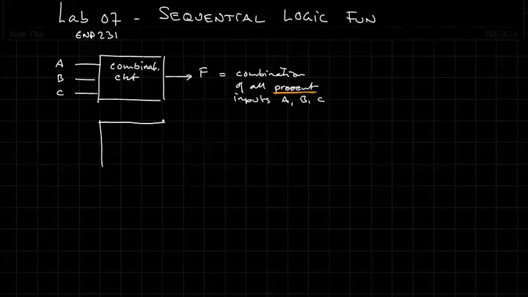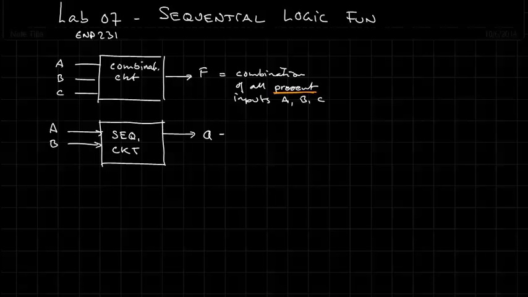So now if we have a sequential logic circuit, and I have an output, and I'll call it Q, and I have two inputs. I could have three inputs, but I'm just going to draw two inputs here.